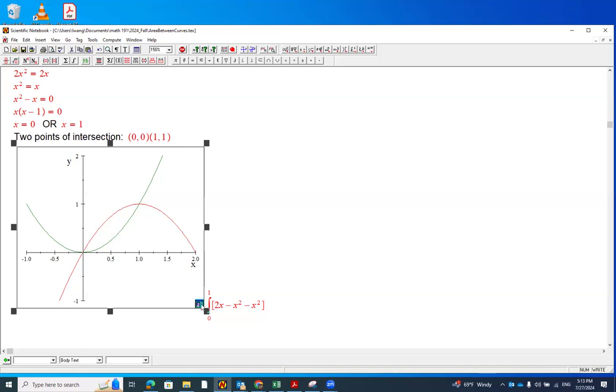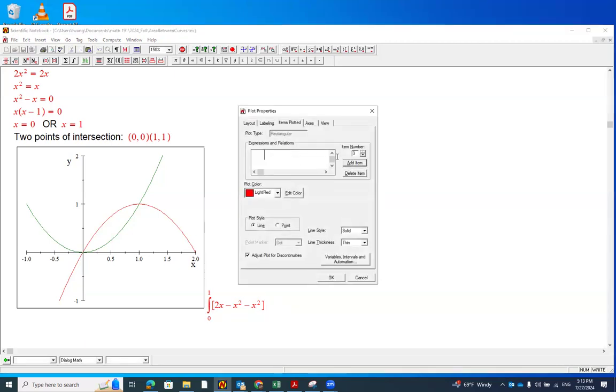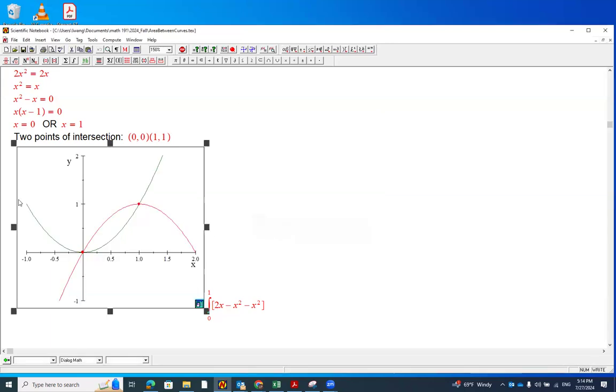Okay, so let me mark this point. There's a point right here. It's 1, 1. It's a dot. And there's another point, which is 0, 0. And these 2 are the points of intersection. Let me just mark it for you real quick.